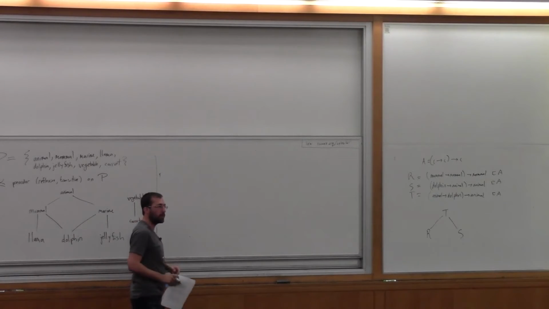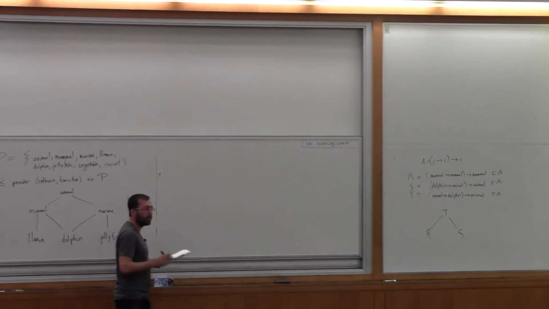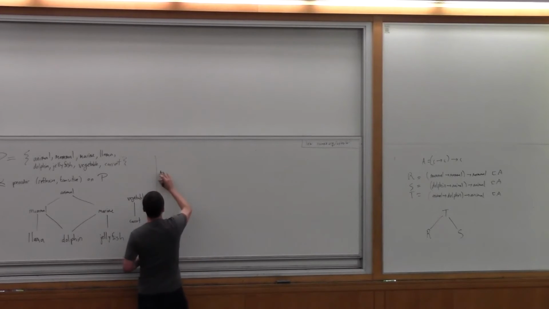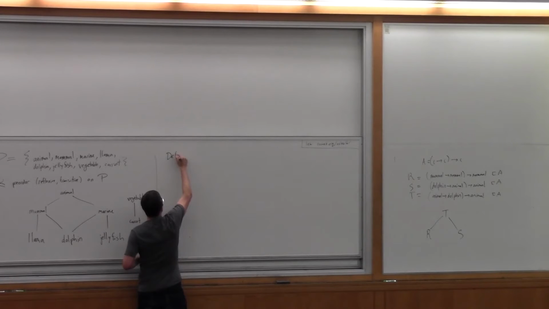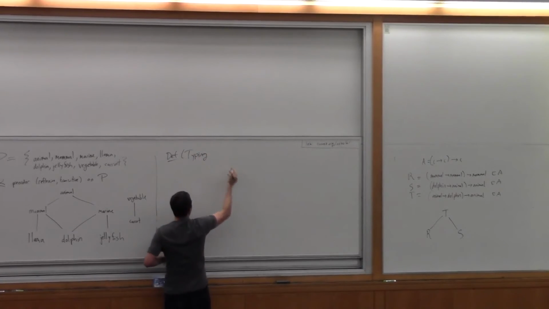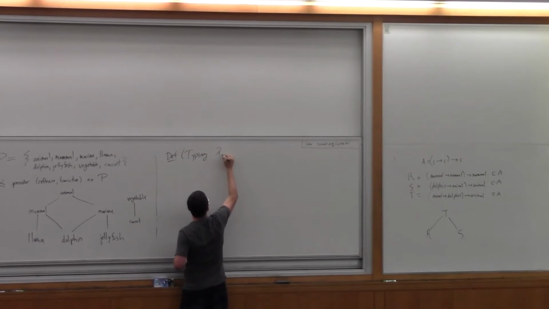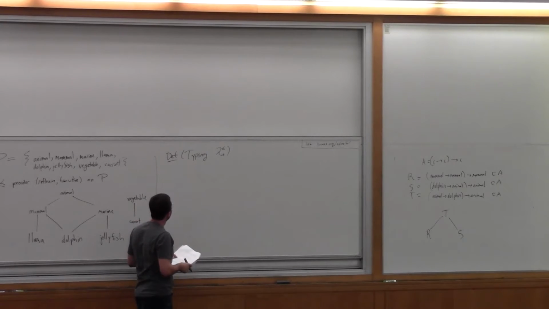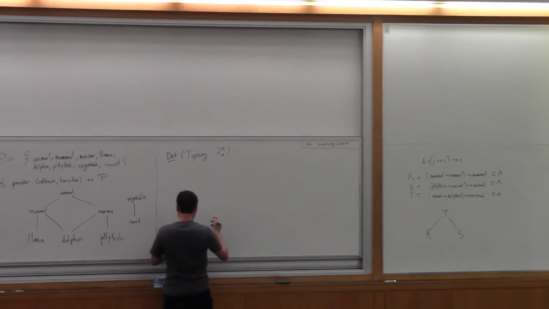I'll mention typing, and that's going to come up in the idea of the subsumption rule. So I'm going to define typing for this type system, and there's going to be a typing relation.